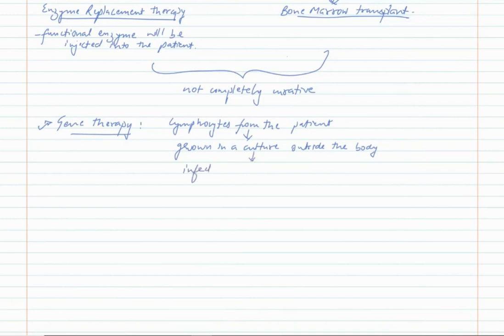These lymphocytes are then infected by a retroviral vector containing complementary DNA for the ADA gene. This particular retrovirus we will produce beforehand. This will have the ADA producing gene, and we will have the virus infect these lymphocytes.